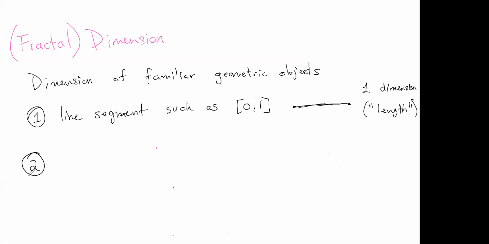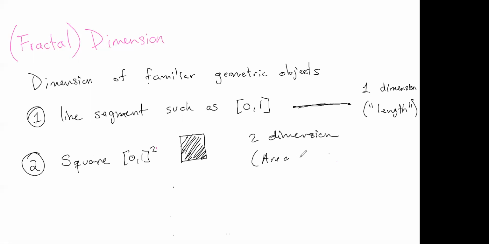Okay. If we now consider something in higher dimensions like a square, and its interior. This has 2 dimensions. And when we talk about its size, now we talk about its area. Right? You can also talk about perimeter, but area is a better notion, right?